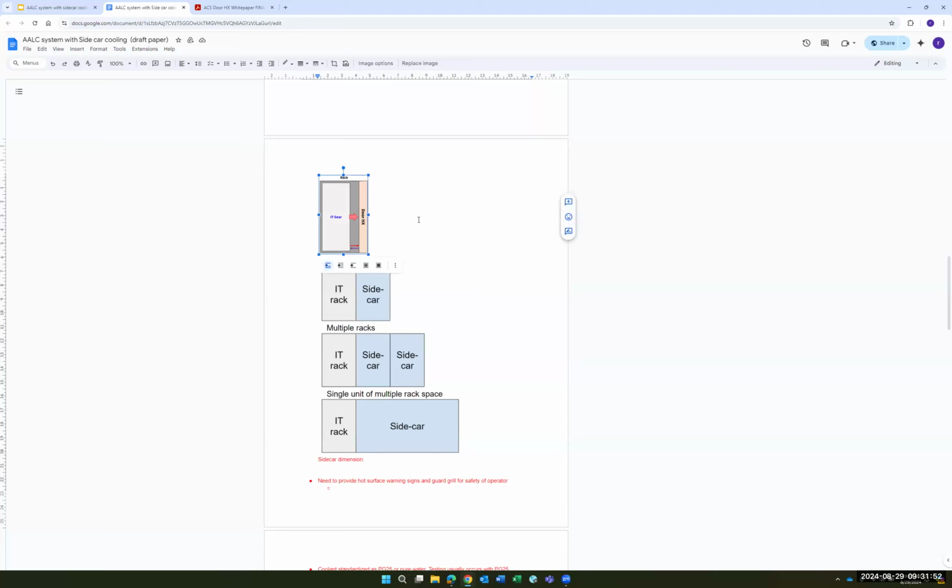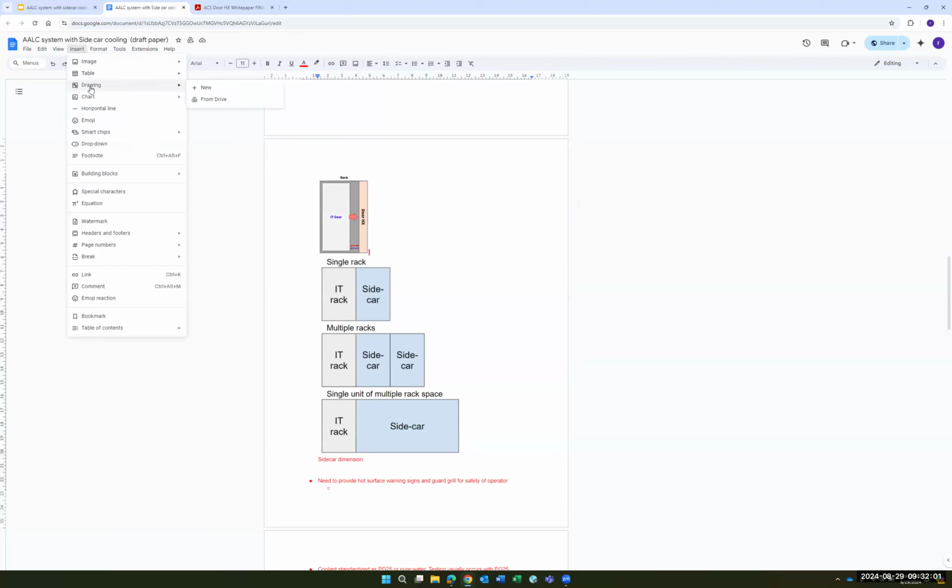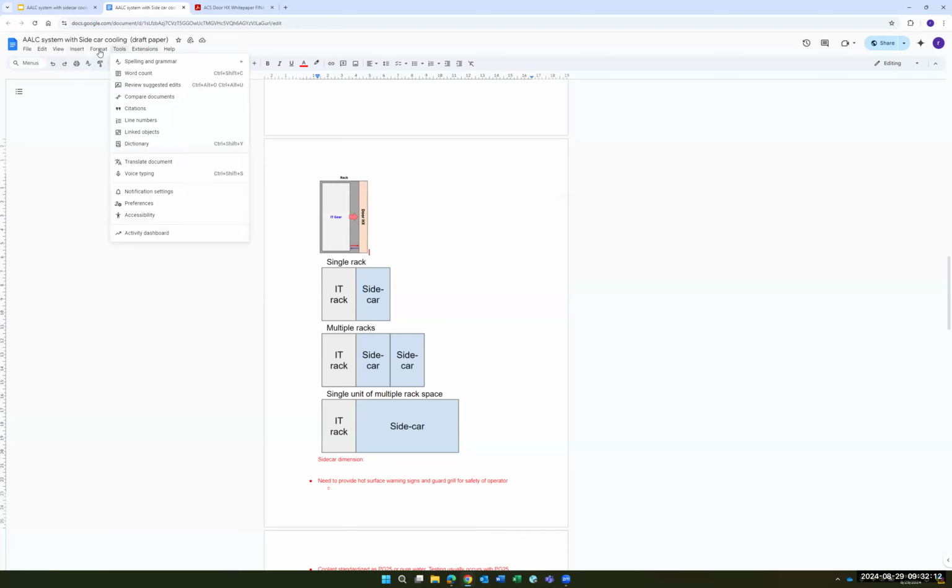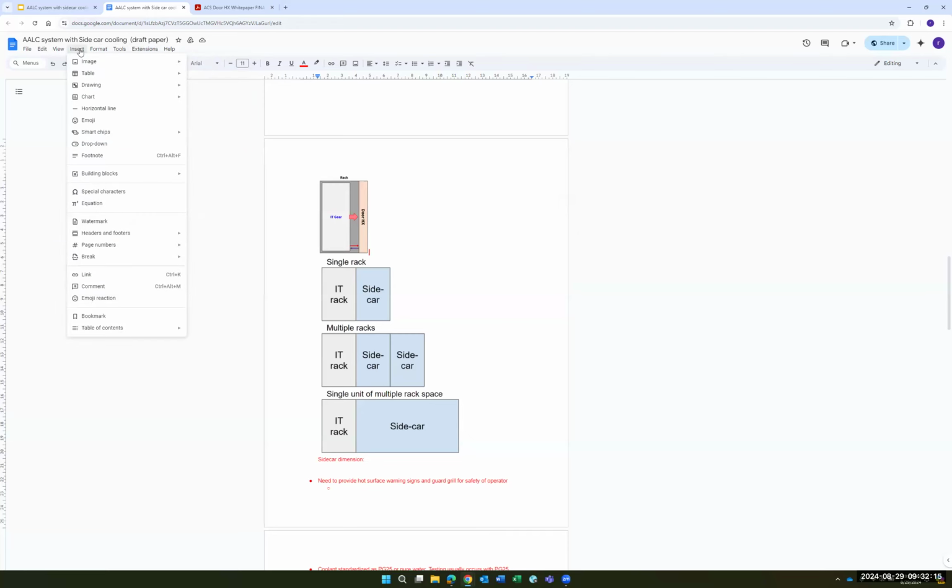Okay, so this would be a sidecar solution, and then I can add something like an arrow here and then put the numbers. No, you could just put a text box there and say, for an approach temperature range of 10 to 15 or 5 to 15 or whatever you want there, put a range of what the cooling capacity would be.